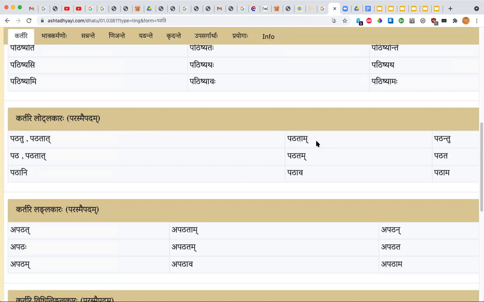May we both read and may we all read. So that is Prarthana, Ajna or Prarthana in another form. Let me read, let us both read, let us all read.